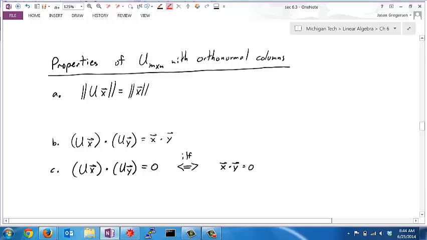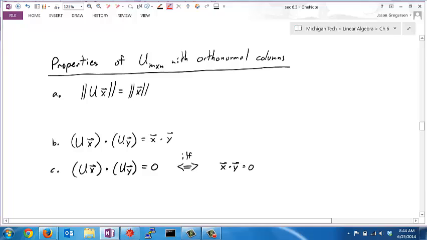This first one says that the length of U times the vector is the same as just the length of the vector. We don't change the length of a vector when we do this transformation. It's a length preserving transformation. And oftentimes we'll want to do some sort of transformation where we don't want to mess with the length, so this is a kind of transformation that does that.